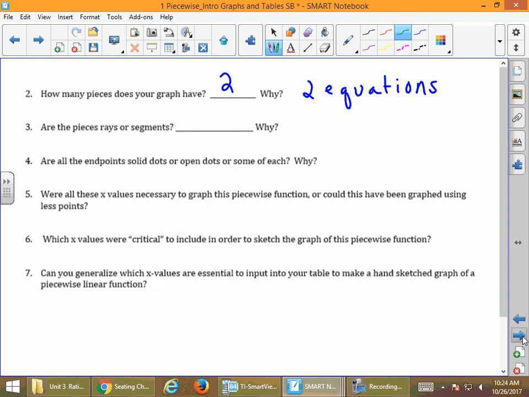And they're segments. And the reason is, and I'll keep it short, is because there's a starting point and an ending point.